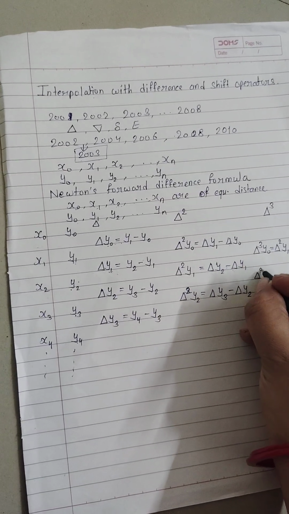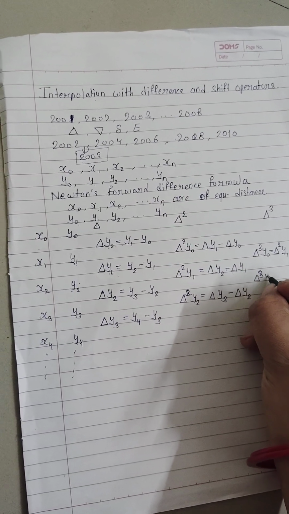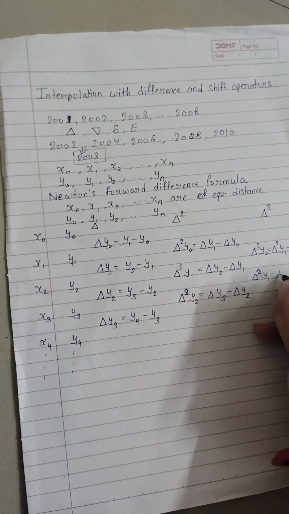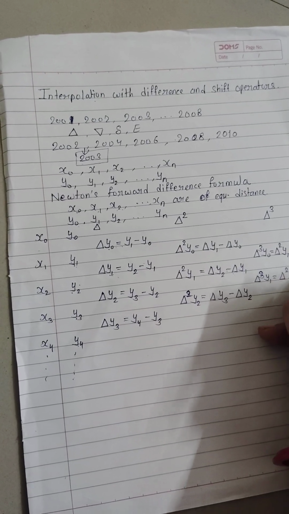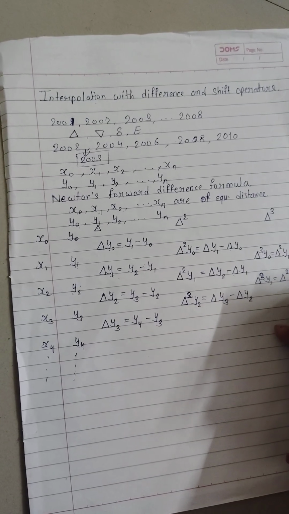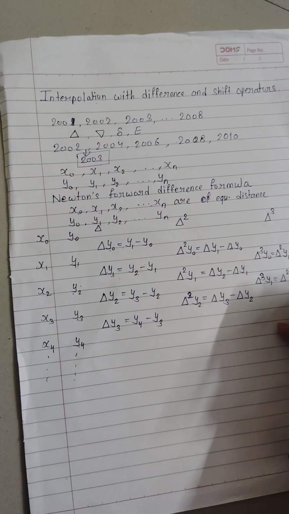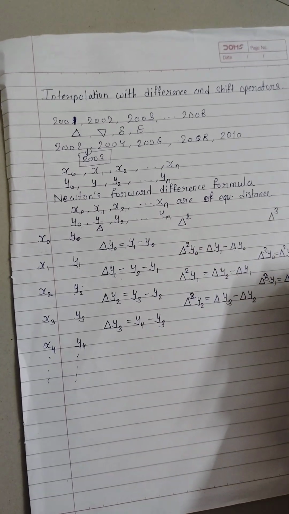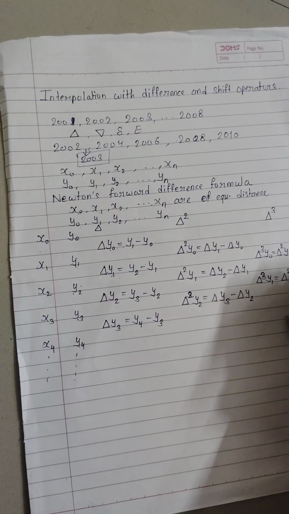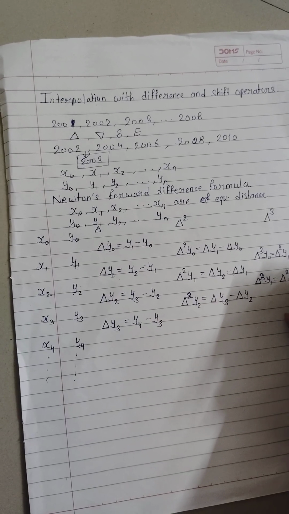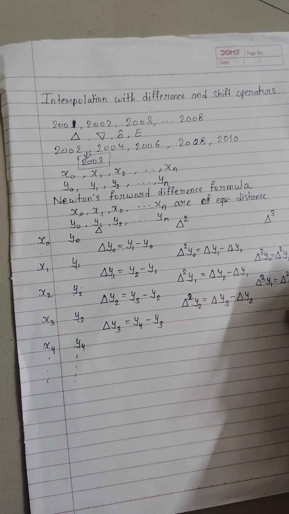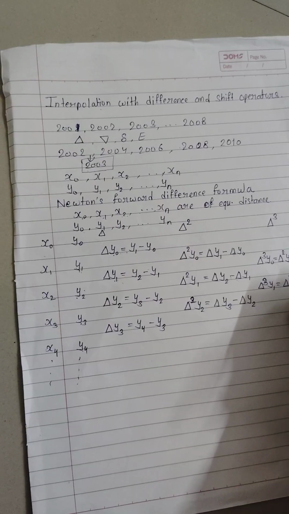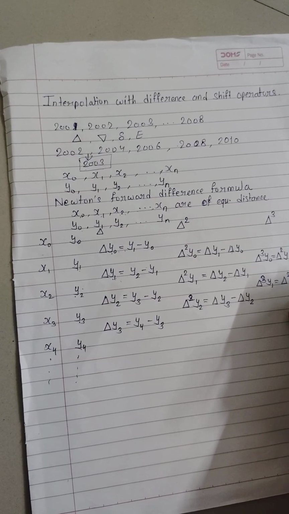Similarly, delta cube y1 will be delta square y2 minus delta square y1. Now if I want to find delta to the power 4, it is the difference between these two variables. Delta power 4 y naught is delta cube y1 minus delta cube y naught.